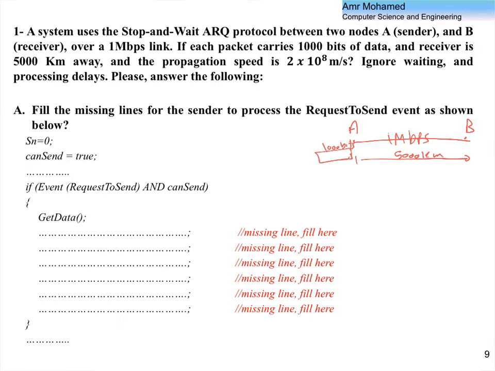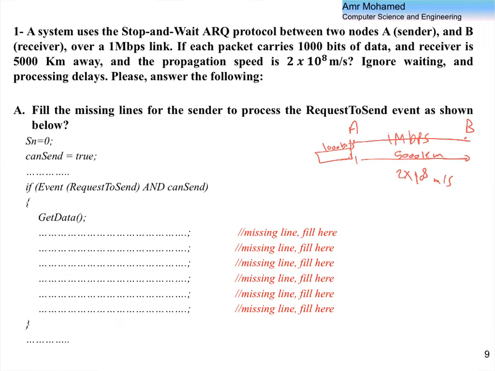Okay? And then the propagation speed is 2 times 10 to the power 8 meters per second. So from these four values, naturally we can calculate the transmission delay and the propagation delay. So we can do that. This is for the second part of the question.